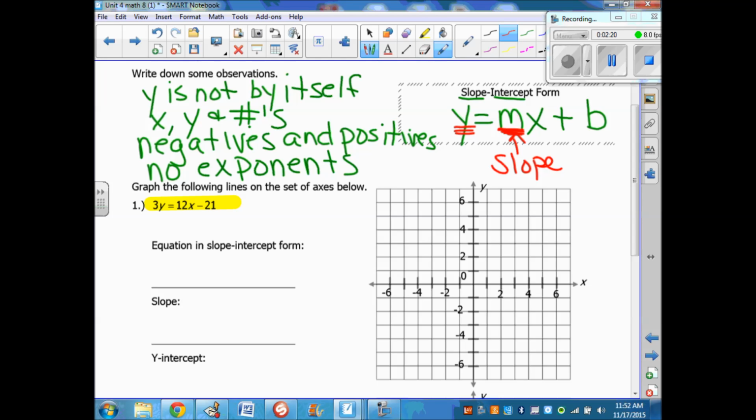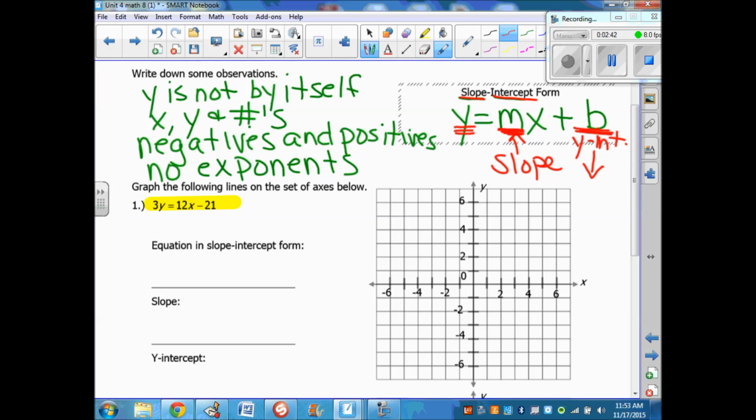And then our b that's on the end, this is called the slope-intercept form. This is the y-intercept. I'm going to abbreviate that because I'm running out of space, and call it the y-int. Well, what does the y-intercept mean?